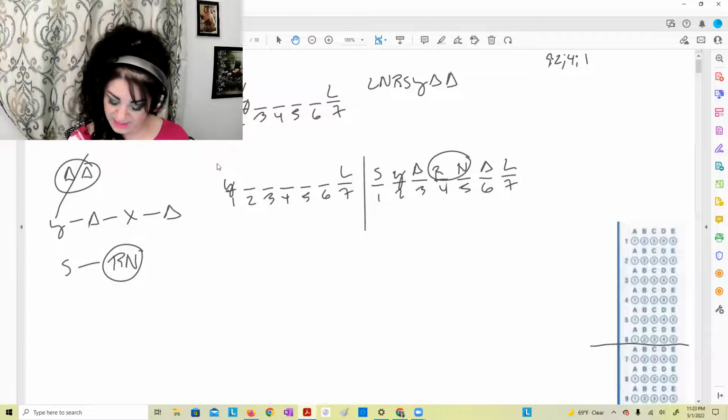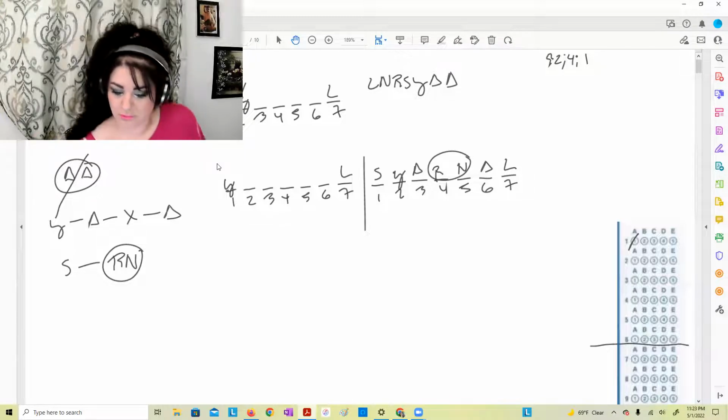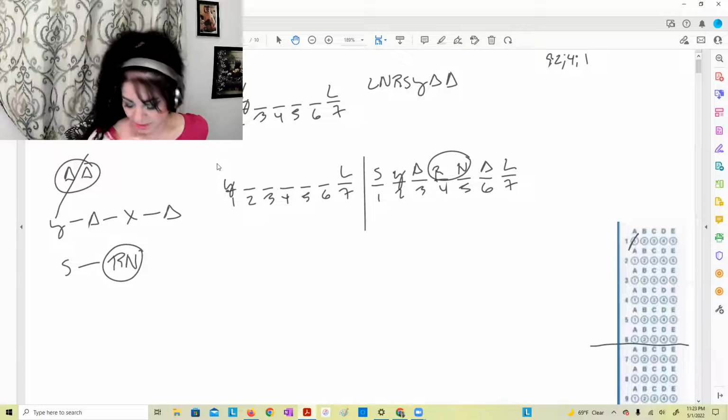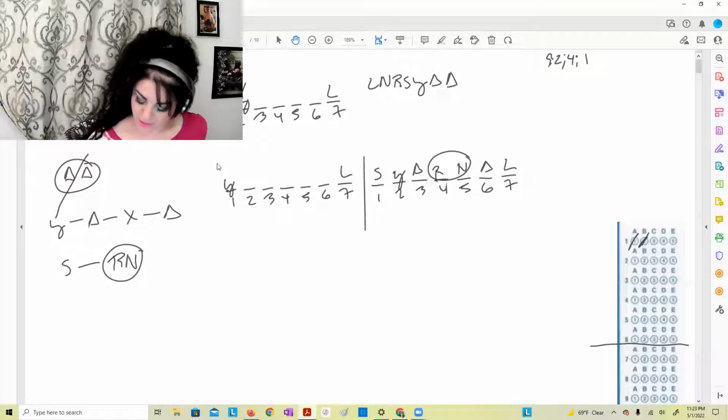So A violates that. And then what about our next rule? Our next rule is the SR rule. And B violates that rule. B has R before S, so we can get rid of that.